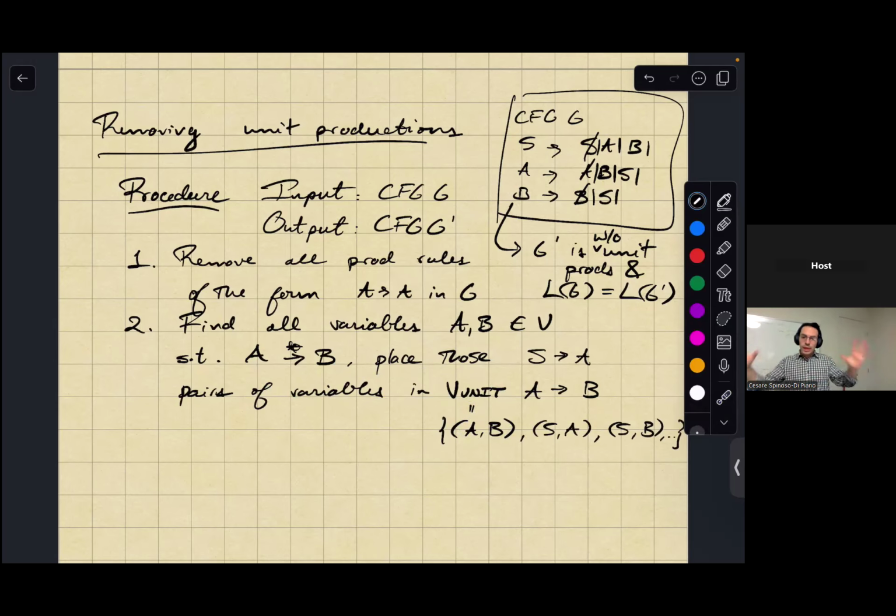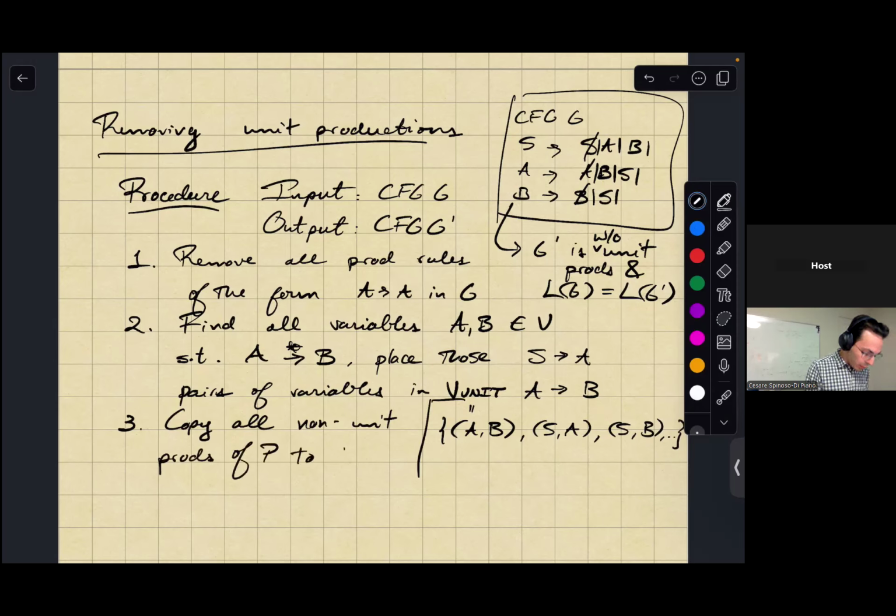So we do the search, then step 3 is going to be very similar to a step in the epsilon production removal algorithm. We're just going to copy, not place, copy all non-unit productions of P to P prime, right?